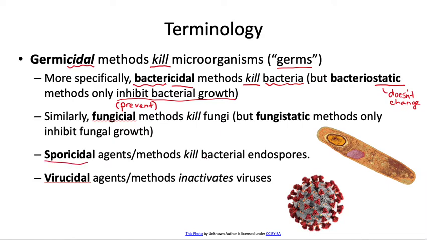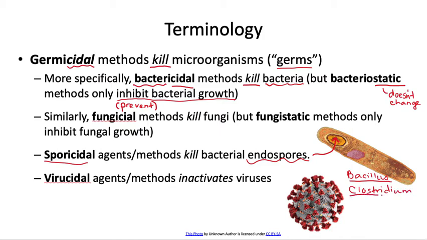Okay, and then finally, sporicidal agents are used to kill bacterial endospores. And so if we review what an endospore is, it's this dormant cell structure found inside certain types of microbes. So for example, this microbe could belong to the genus Bacillus or the genus Clostridium. These are the 2 bacterial genera that form endospores.